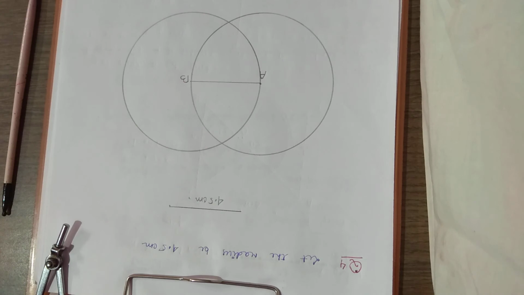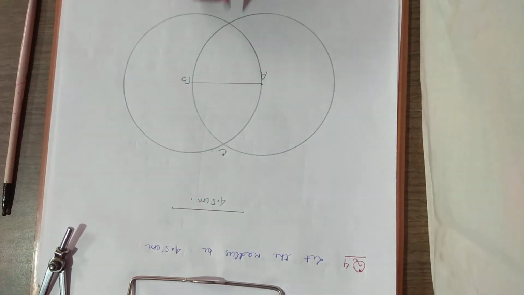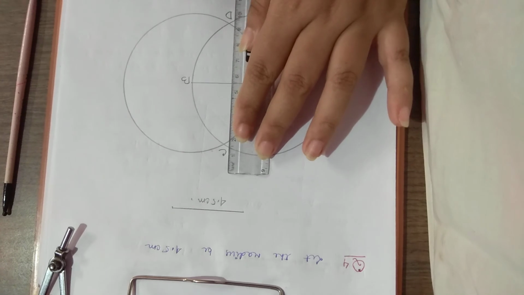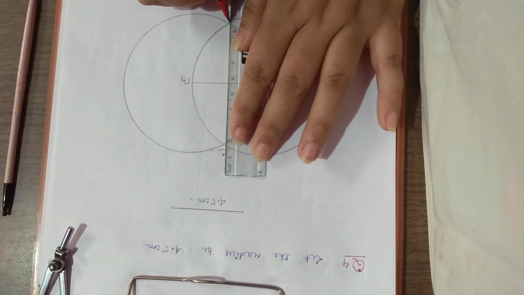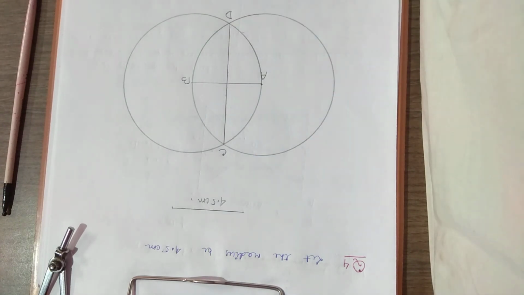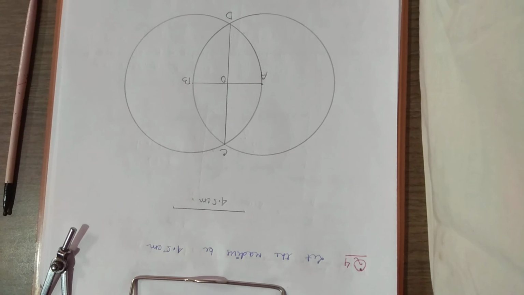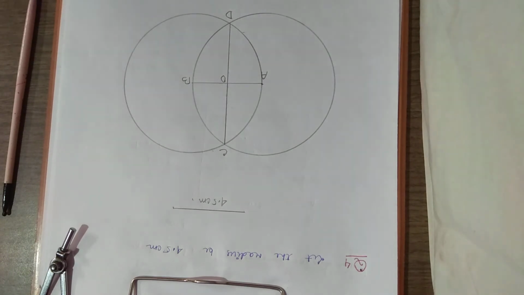Again in the question it is written that the intersecting points should be marked as C and D, and then we need to join C and D. Okay, this point let me mark as O, where AB and CD intersect.